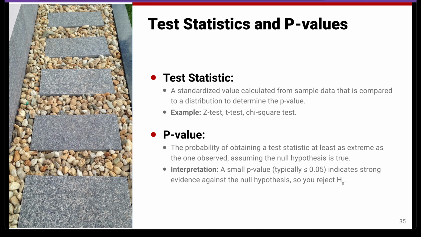Okay? So basically, if we have a small p-value, 0.01, 1%, 5%, it suggests that the evidence that we can reject the null hypothesis is correct. It's not always correct.